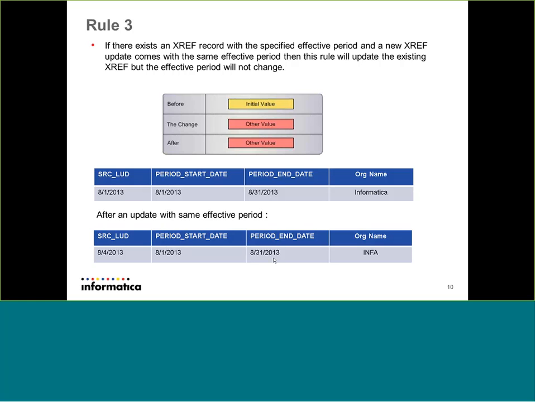It will directly go and update the organization name from Informatica to Infa. So that means when you are doing an update to an existing record, if the period start date which is existing is the same as the update which you are sending, then it will go directly and update the custom columns. Okay.